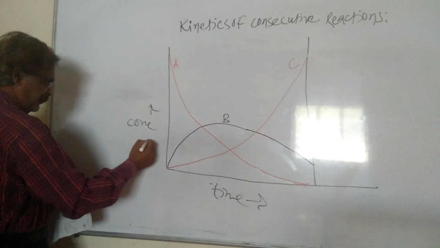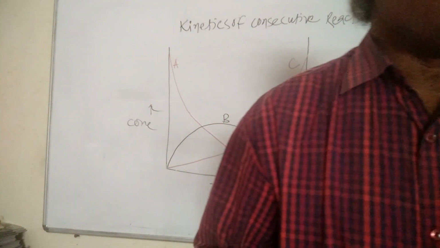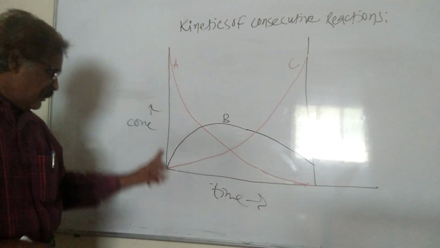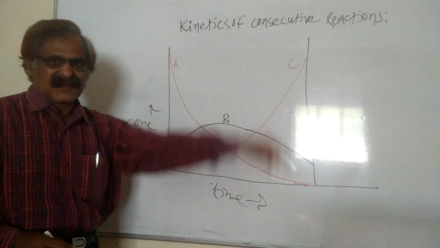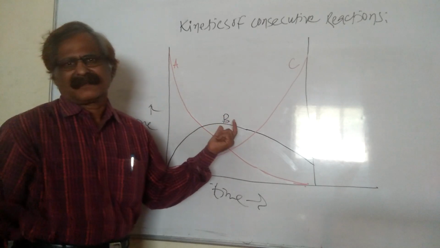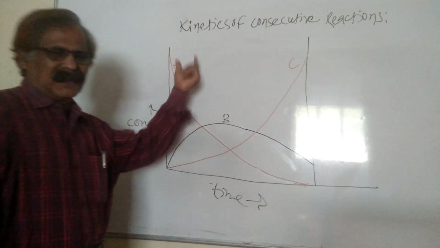So when we plot a graph between concentrations of A, reactant A, B and the product C, we got such type of curves. The nature of the curves is like this.